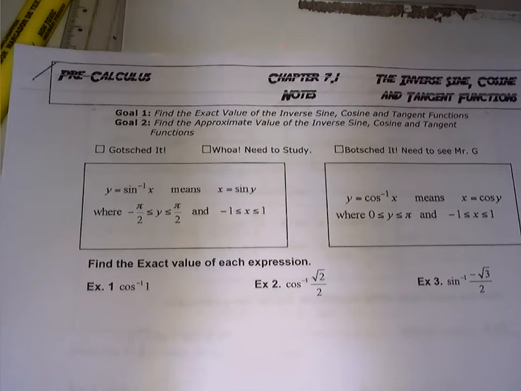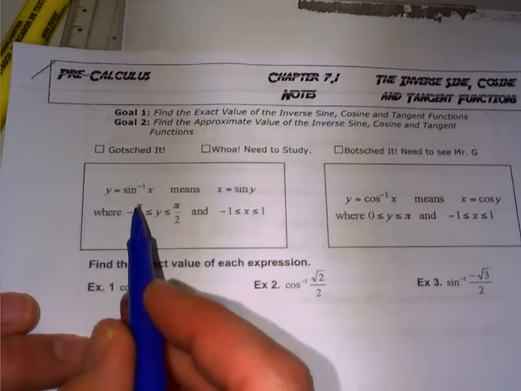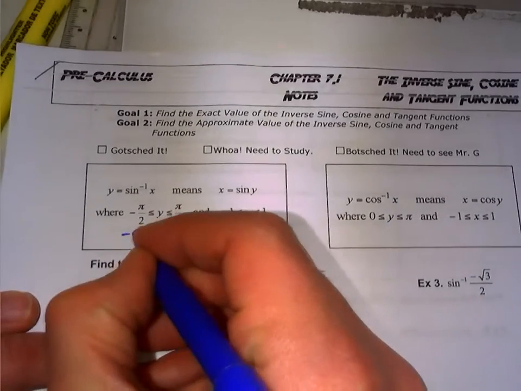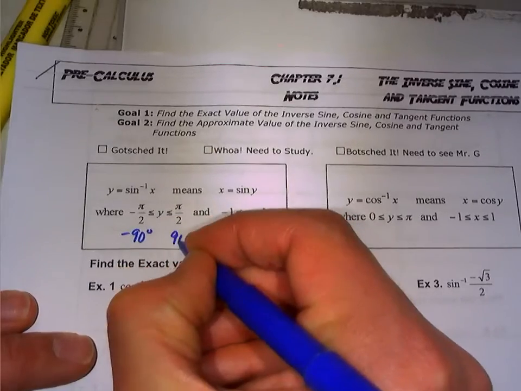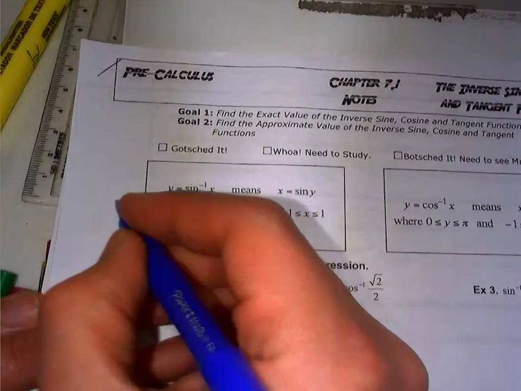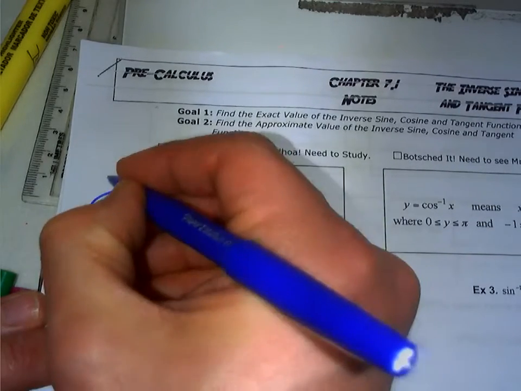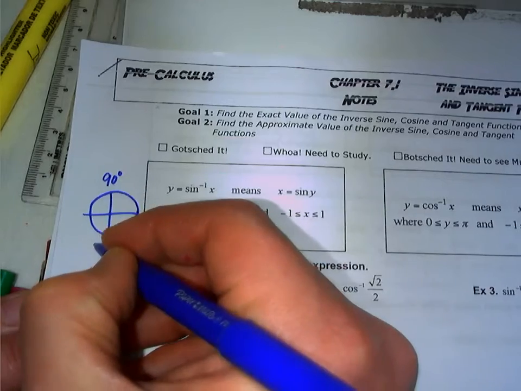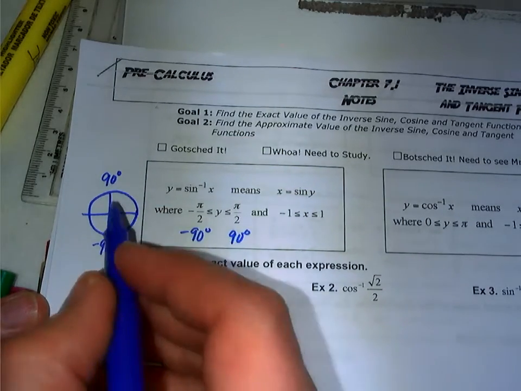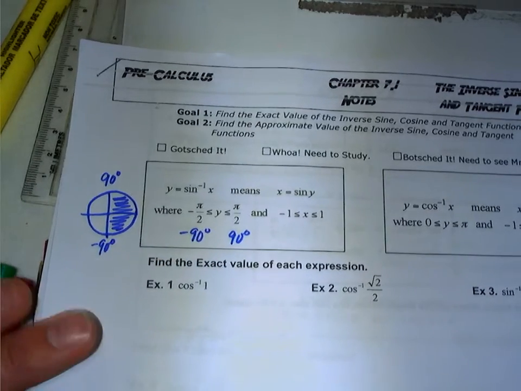We're going to work with inverse sine, and inverse sine says that it works from negative pi over 2 to pi over 2. So inverse sine says it goes from negative 90 degrees to 90 degrees for you degree people. So as we take a look visually, here's 90 and here's negative 90. We're going to be drawing our triangles in 2 quadrants, in quadrants 1 and 4.